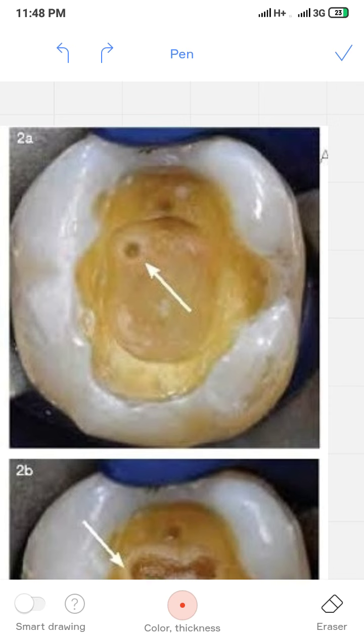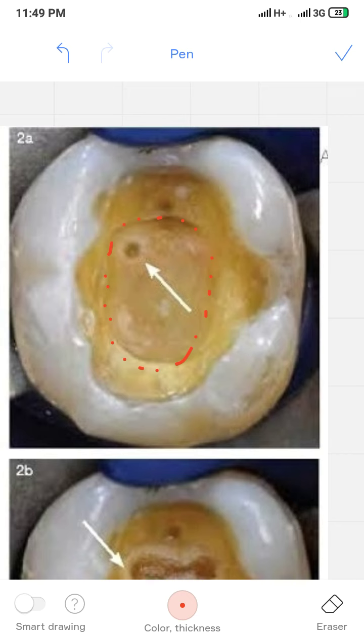He removed all the decay, as you can see on the outline. Then he created an outline, and you have to do exactly that. Create an outline of how the pulp chamber ideally should be.